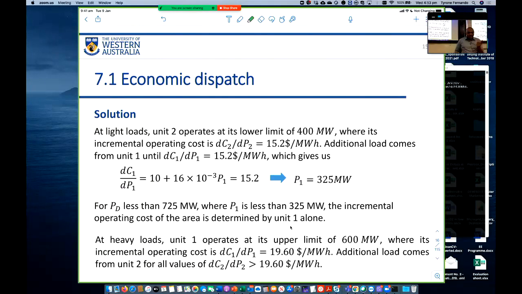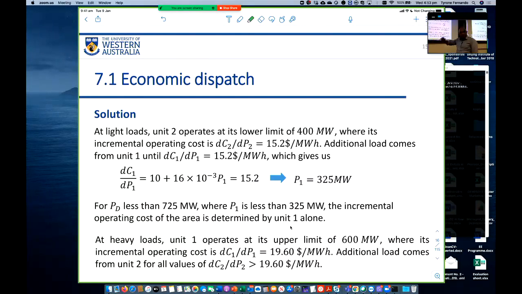Right? Okay, let's think about it, because this is important to grasp. Unit 2 is providing 400 megawatts. The incremental cost of that is 15.2 dollars per megawatt hour. Now, the incremental cost of generator 1 is 15.2 only when it's providing 325 megawatts.